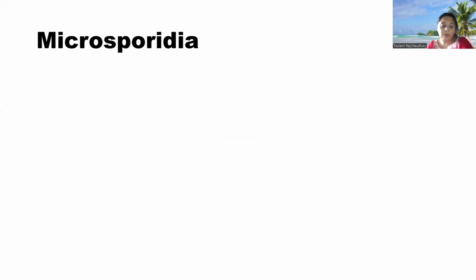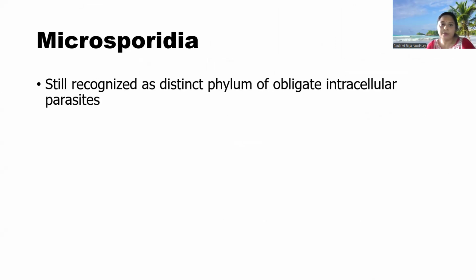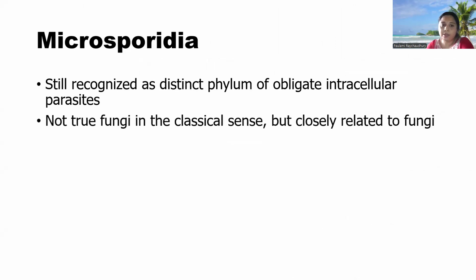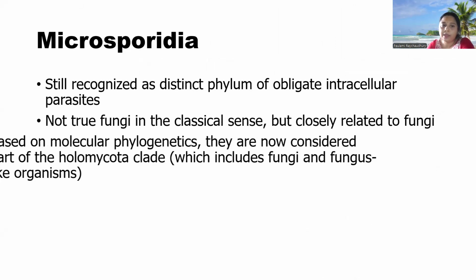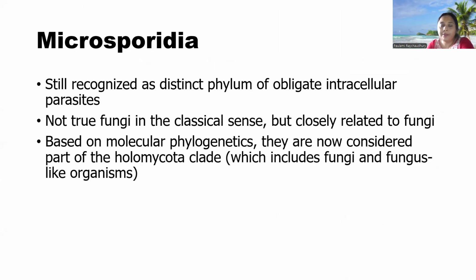Now, one important phylum, that is the Microsporidia, a distinct phylum of obligate intracellular parasites. Not true fungi in the classical sense, but closely related to fungi. They have some features like parasites and some features like fungi.